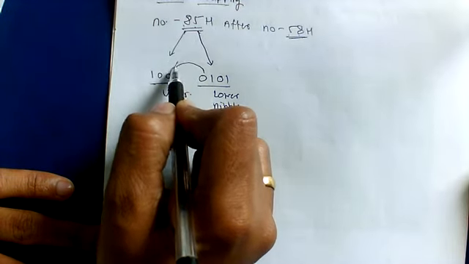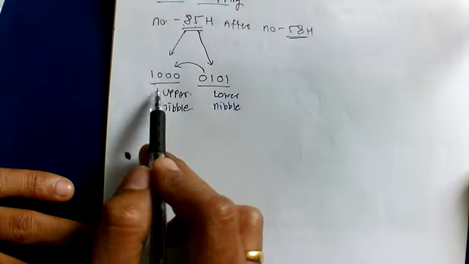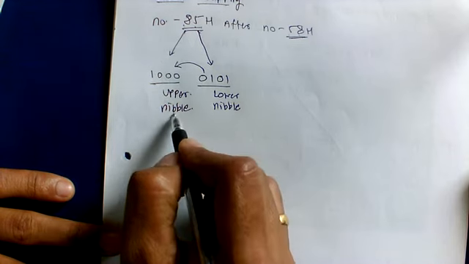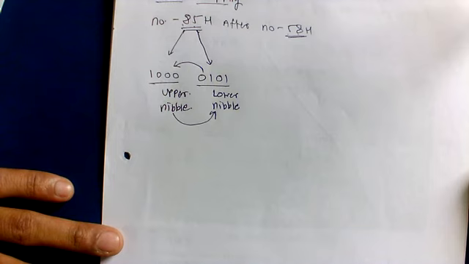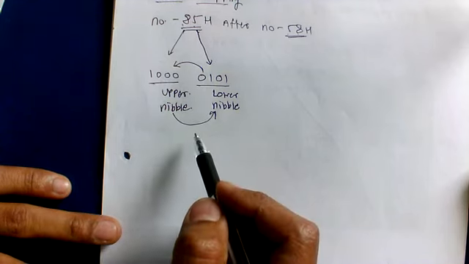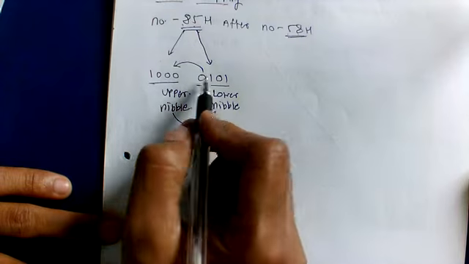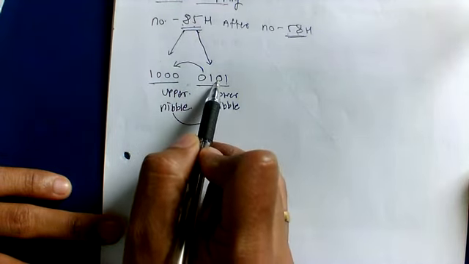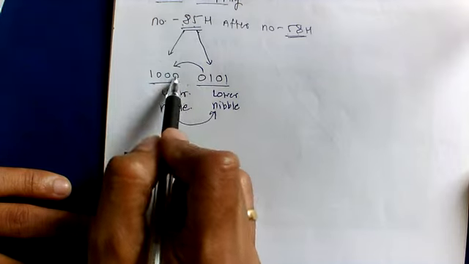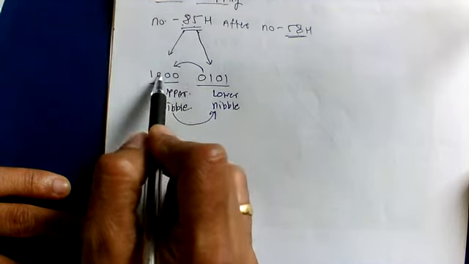So swapping or shifting means what? Bitwise you have to shift, that is you have to rotate left 4 times.